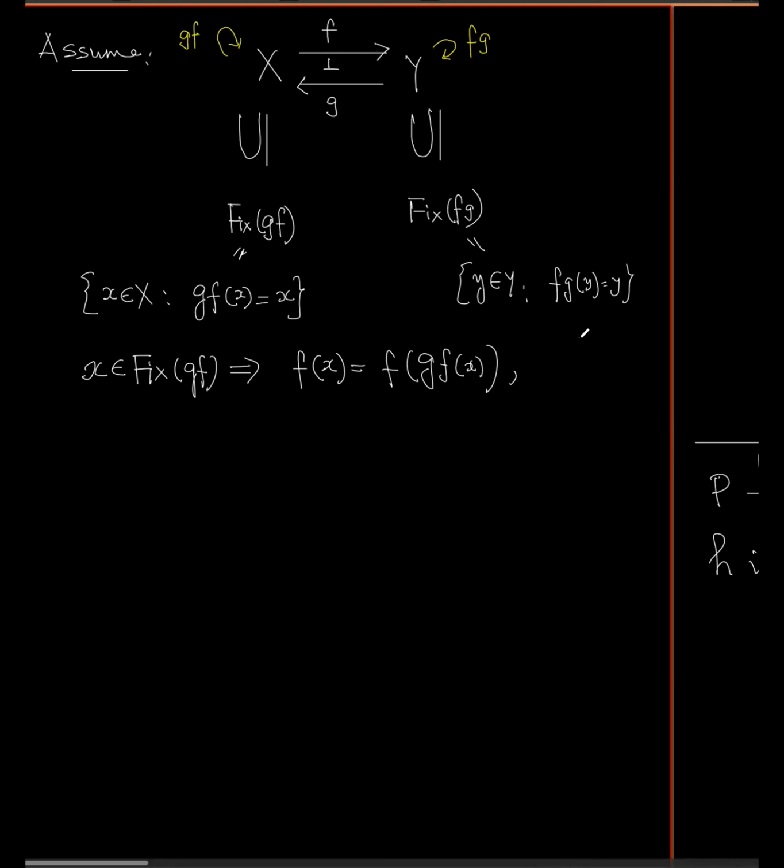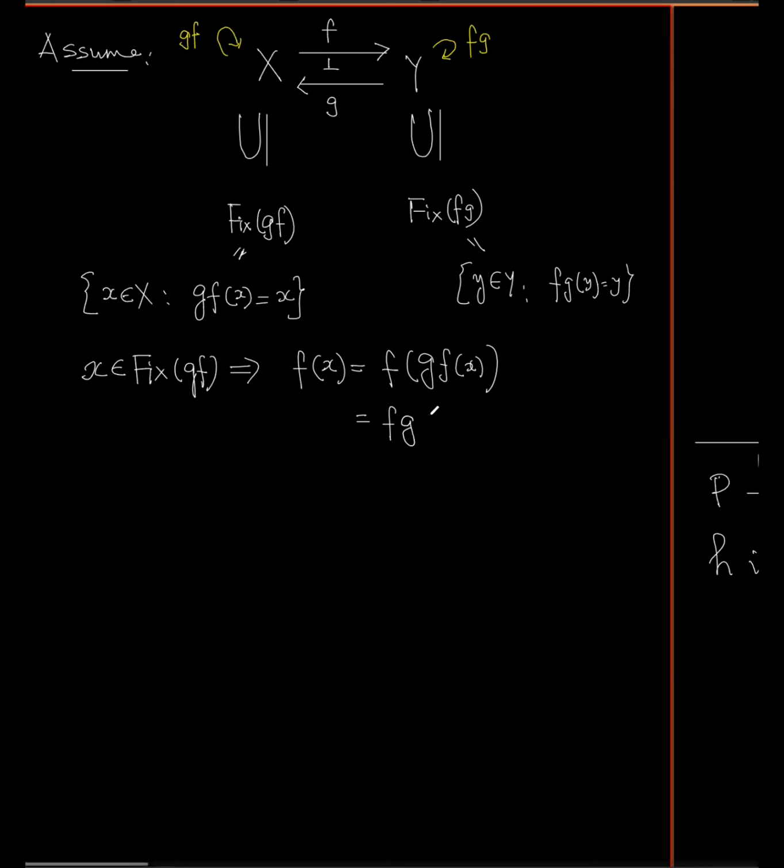If you take the FG of F of X, this you know is the same as F of X. So this tells me that F of X is a member of fix of FG.